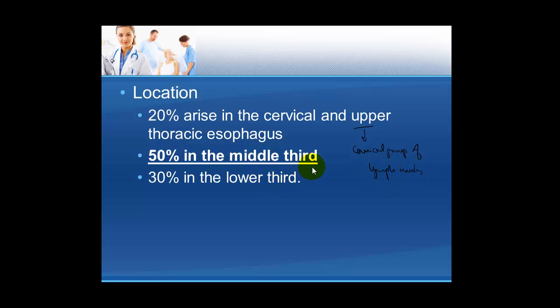If they involve the middle third, they will mainly involve the mediastinal, paratracheal and tracheobronchial group of lymph nodes, and if they involve the lower third, they will go to the gastric and celiac group of lymph nodes.